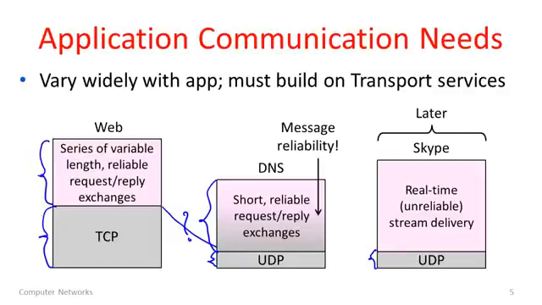The communication needs to be real-time, so if the information doesn't arrive quickly by a deadline, there's no point retransmitting it so that it can arrive later for the sake of reliability, because everyone will have already seen a glitch in the conversation and moved ahead. So Skype somehow needs to implement a real-time stream delivery communication pattern on top of UDP.